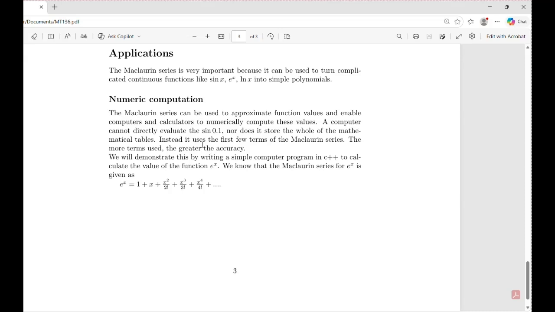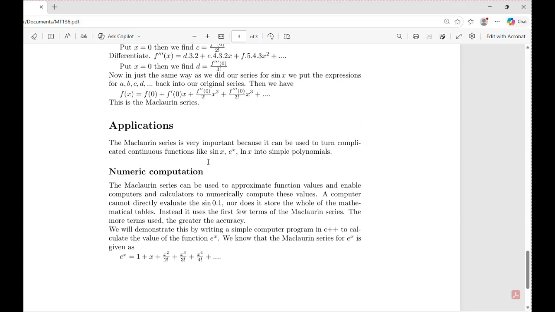So instead, what a computer does is use the first few terms of the Maclaurin series to approximate that function. The more terms used, the greater the accuracy. We will demonstrate this by writing a simple computer program in C++ to calculate the value of the function e to the x.